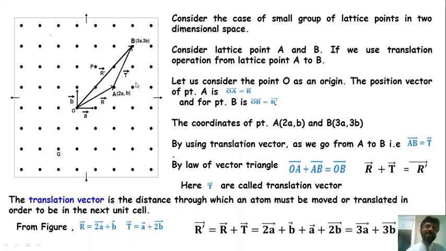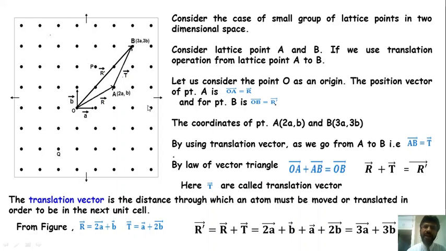Now let us consider any arbitrary lattice point as the origin O. If we connect the point A with the origin and the point B with the origin, then OA represents the position vector of the point A, that is OA is equal to vector R, and the position vector for the point B is represented by OB equal to vector R dash.